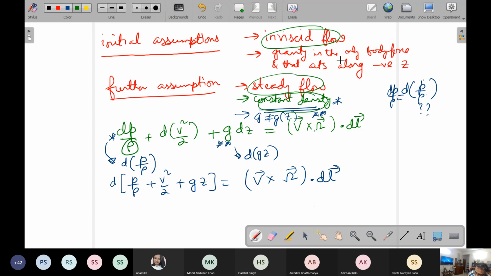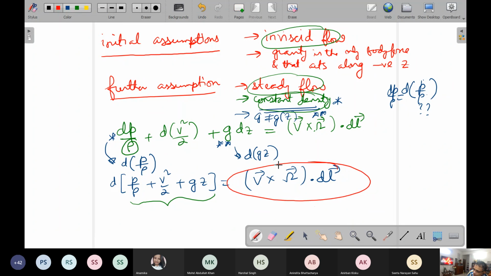So now the question is that we all know, from our previous experience, that the sum total of these three is something which is constant in the description of Bernoulli's equation. If we have that as constant, then d of that should be 0, and the only hindrance that is not allowing us to put that as 0, the only culprit, so to say, is this term.